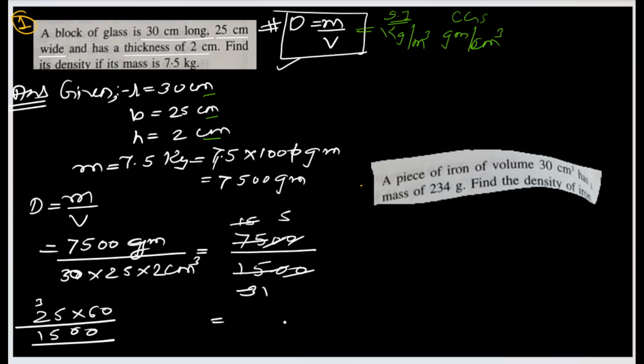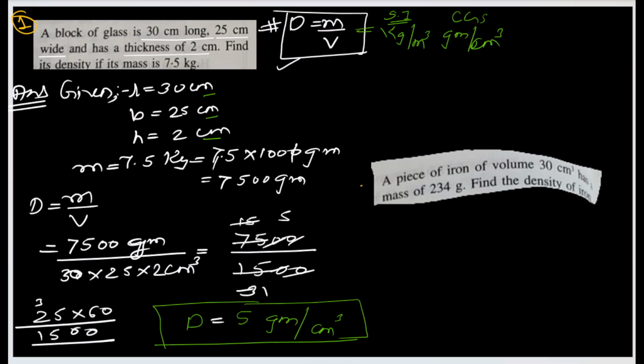So what answer do you get? 5 gram per centimeter cube. So the density of that glass block is 5 gram per centimeter cube, or 5 gram centimeter cube inverse.